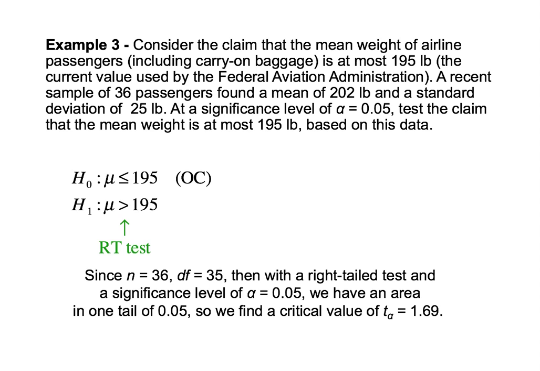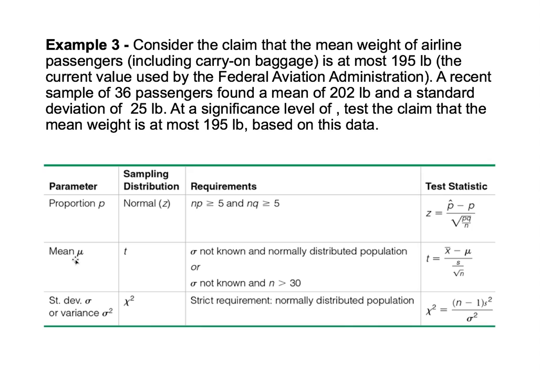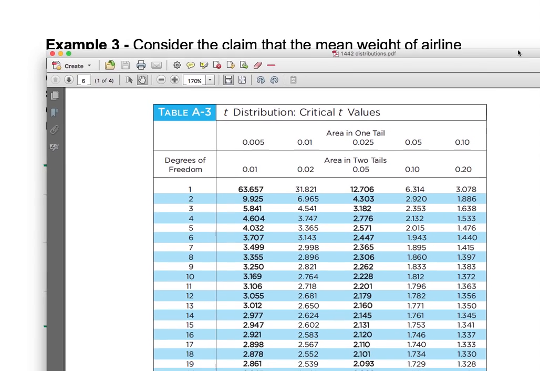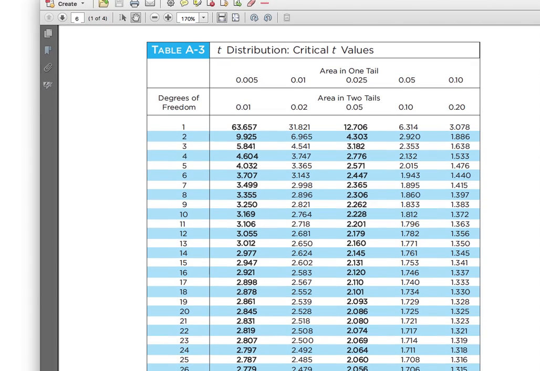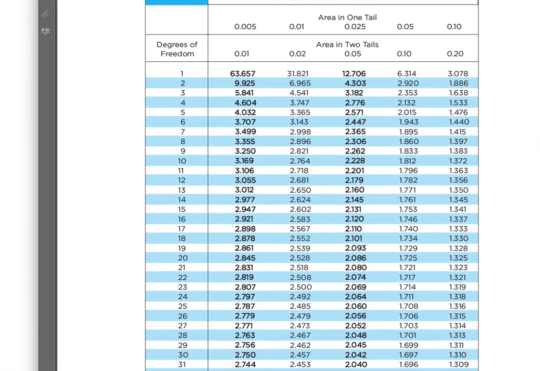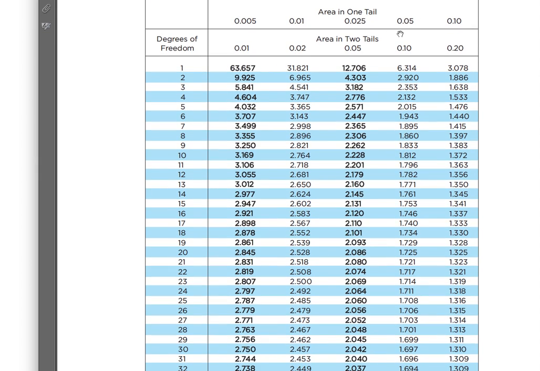And let's see how we find that critical value. Because we are testing a claim about a mean, we will look this up on the t-distribution. And so that's going to be right here. And remember, all of the area is in one tail, and all the alpha is in one tail, and so that alpha is 0.05.